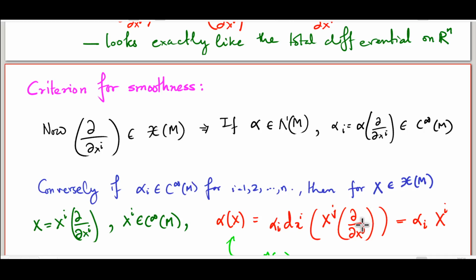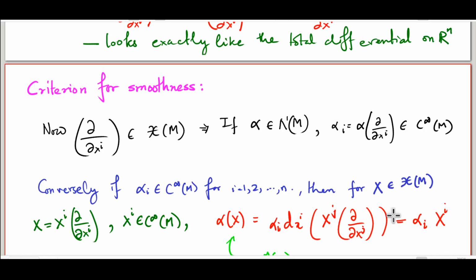If i is equal to j, it's a constant function 1. If i is not equal to j, it's a constant function 0. Anyway, ultimately what happens is you have alpha i Xj delta ij, and using the simple property of delta ij, you can rewrite this as alpha i Xi, of course, sum over i being implied.